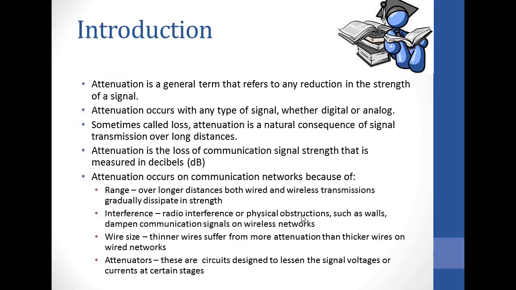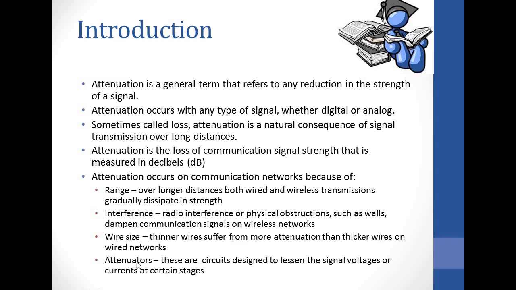Radio interference or physical obstructions, such as walls, dampen communication signals on a wireless network. Then the wire size. Thinner wires suffer more attenuation than thicker wires on a wired network. This is because of the increase in resistance with the reduction in size of a wire.